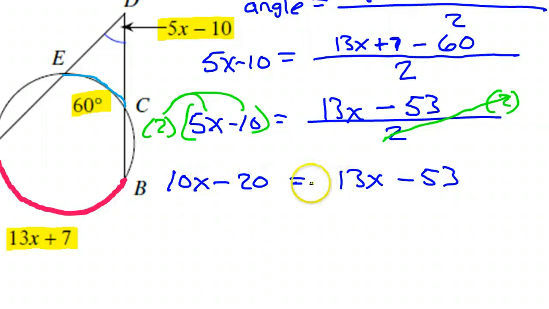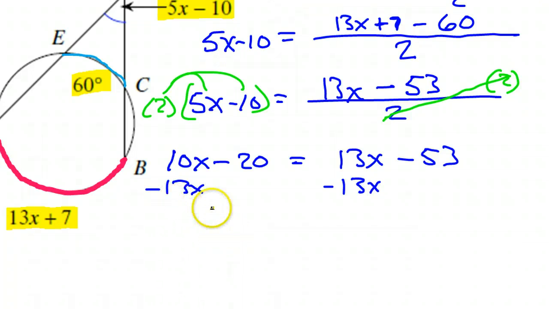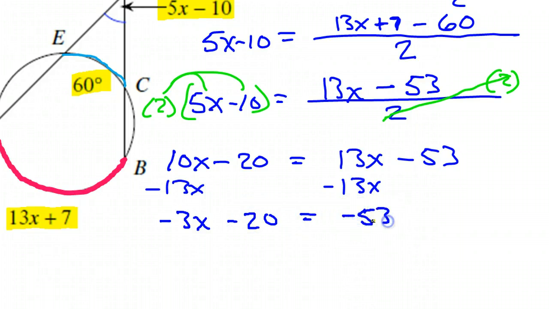Alright, I see these x's on opposite sides of the equation, so I want to get them together. So I'm going to subtract 13x from both sides. Okay, so that's going to give me negative 3x minus 20 is equal to negative 53. Then I would add 20 to both sides.